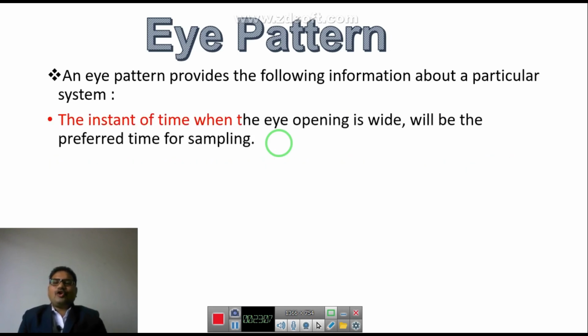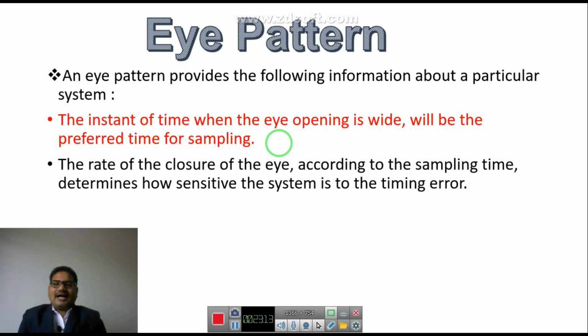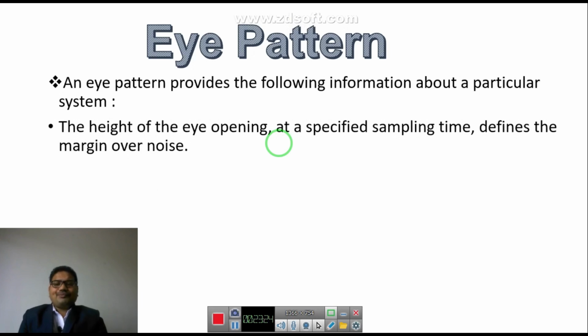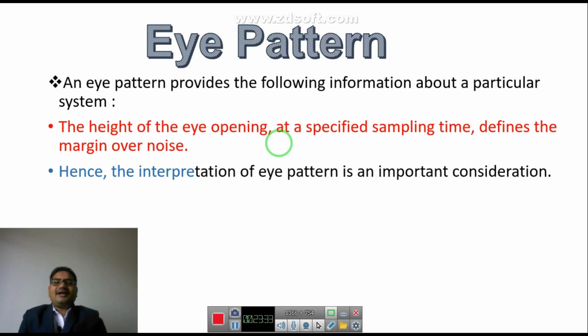The instant when the eye opening is widest is the best time for sampling, and the rate of closure of the eye according to the sampling time determines how sensitive the system is to timing error. Also, the height of the eye opening at a specified sampling time defines what? The margin over noise, and hence the interpretation of the eye pattern is a very, very important consideration.